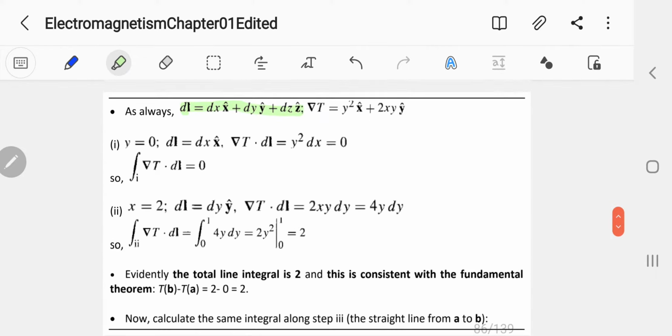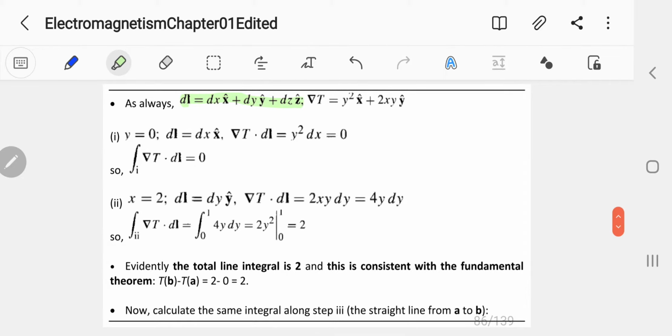So you will have the gradient of t. The gradient of t would just be the partial of t with respect to x, x hat.